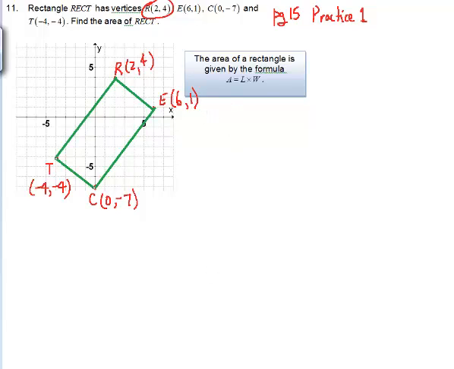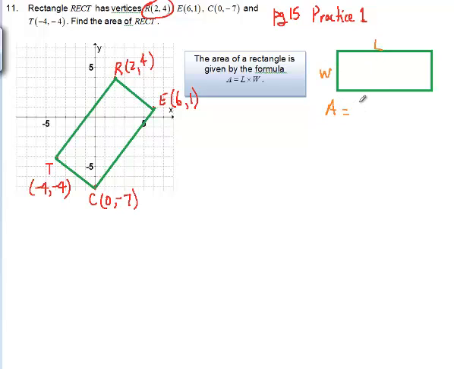Now the next thing you have to do is find the area of the rectangle. Remember, the area of any rectangle is, of course, the length times the width.